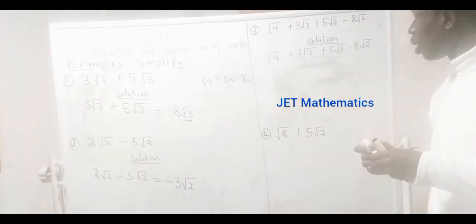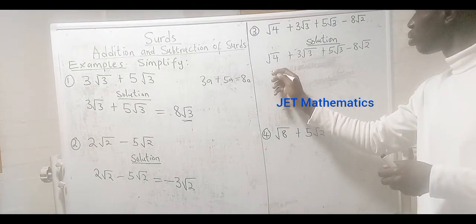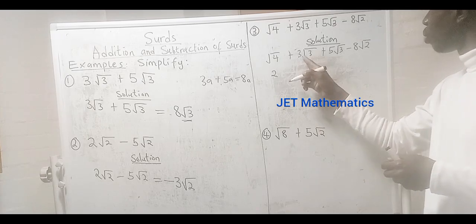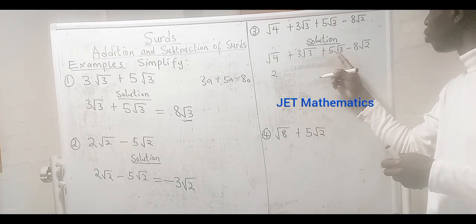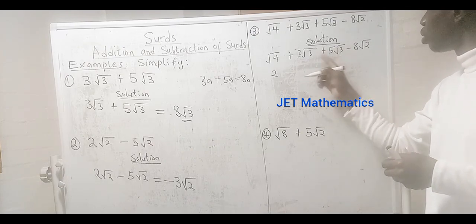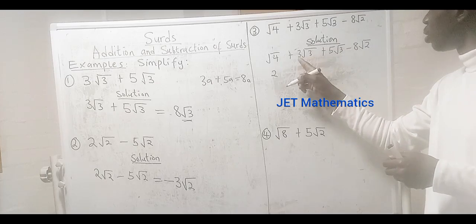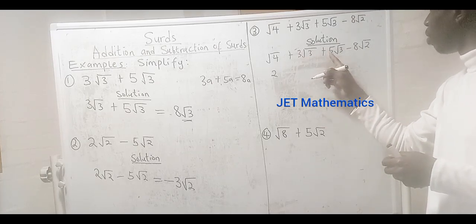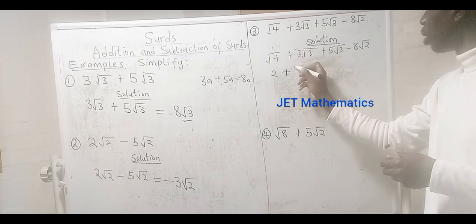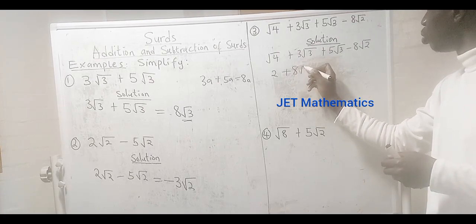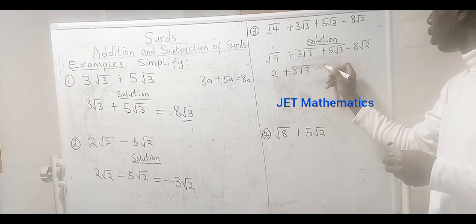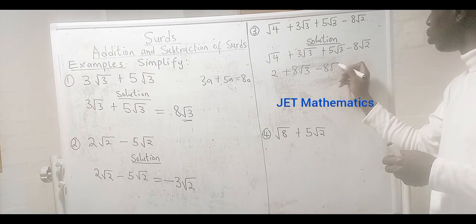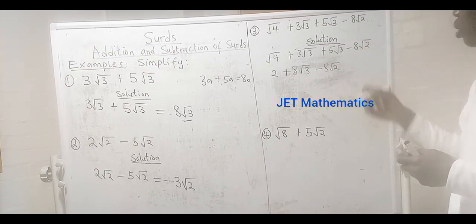We already know that the square root of 4 is 2. Now we can add these two together, 3 root 3 plus 5 root 3. They are like terms, so we can add them up, and that gives us 3 plus 5, that is 8 root 3 minus 8 root 2.